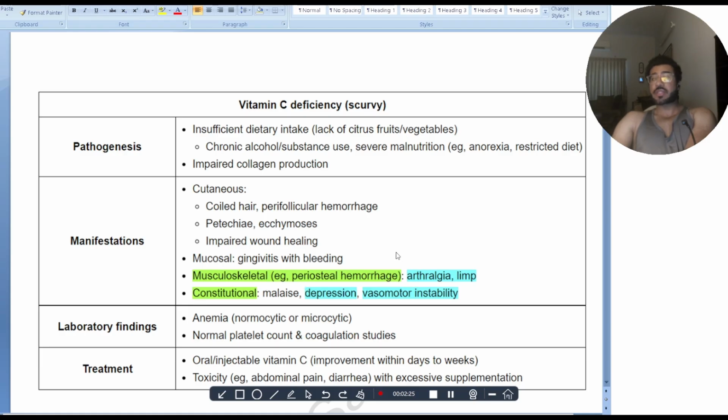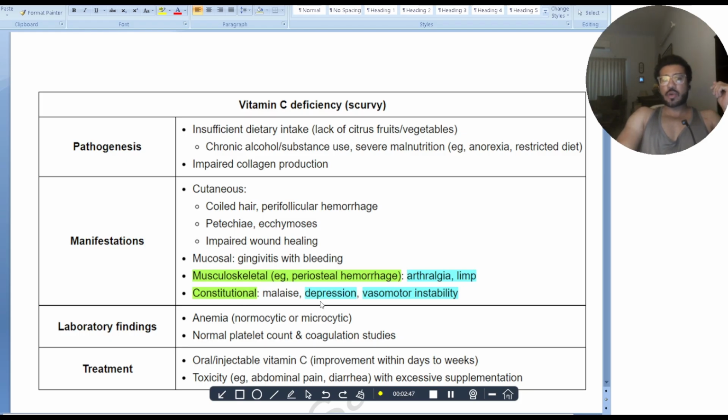Why does the periosteal hemorrhage happen? Same deficiency and inadequate connective tissue. And since the periosteum is also a form of connective tissue, hemorrhage can occur due to fragility of the blood vessels in the periosteum, that can result in a limp while walking and joint pains as well.